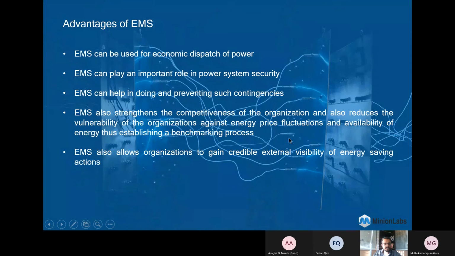We'll see some of the advantages of EMS. EMS can be used for economic dispatch of power. EMS can also play an important role in power system security, like we discussed earlier. EMS can help in preventing such contingencies.